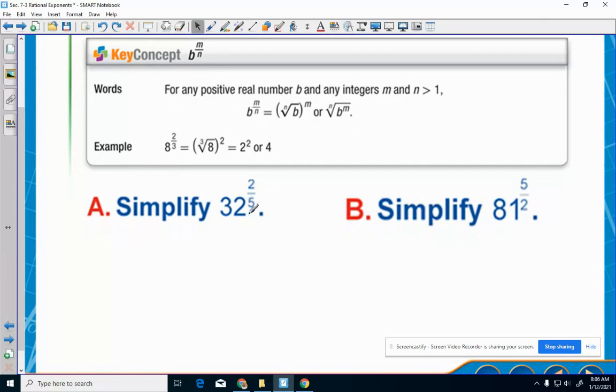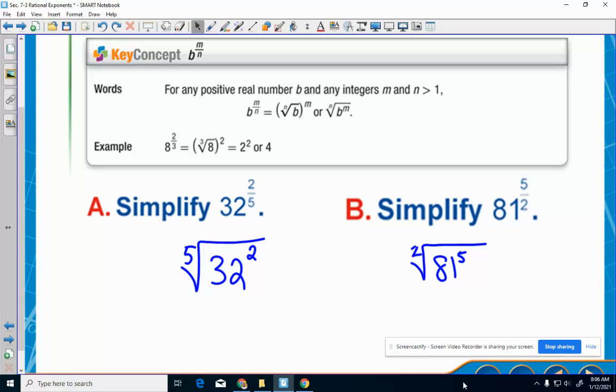If we look at this first one, it is still a fifth root of 32, but now it's 32 squared. That numerator is not a 1, it's a 2. So it is a fifth root of 32 squared. Over here, it's a 2, so it's a second root or a square root, but now of 81 to the fifth power.